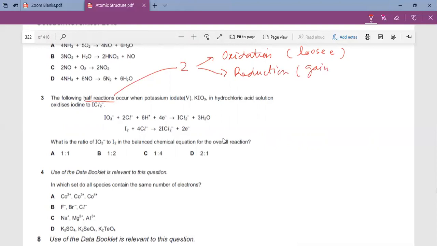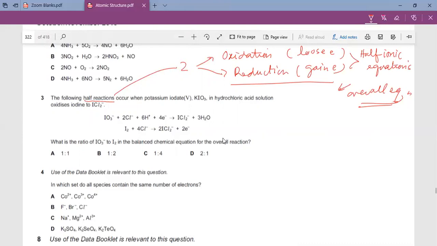You need to write 2, and then these 2 add up, you get your overall equation. These 2 are called half ionic equations. This is the overall equation.